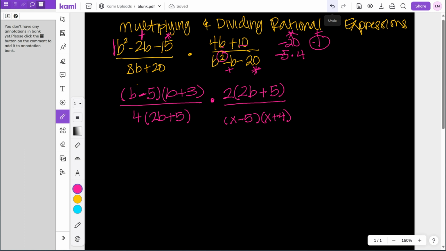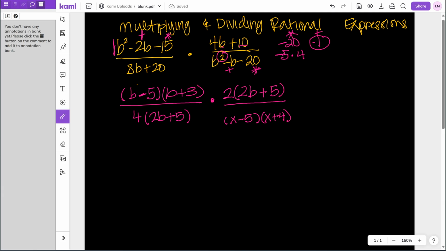Okay, before I go on, I want to talk about domain issues, like what would be problems in this, and this is going to lead us into solving rational equations, so we want to go ahead and be really good at this. What makes these fractions undefined is whatever value of b makes the denominator 0.